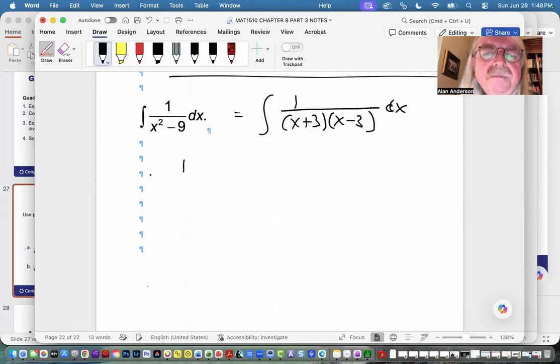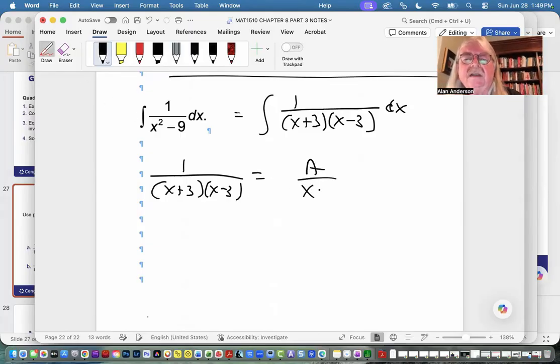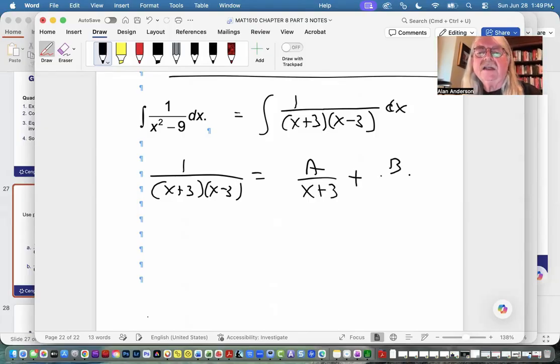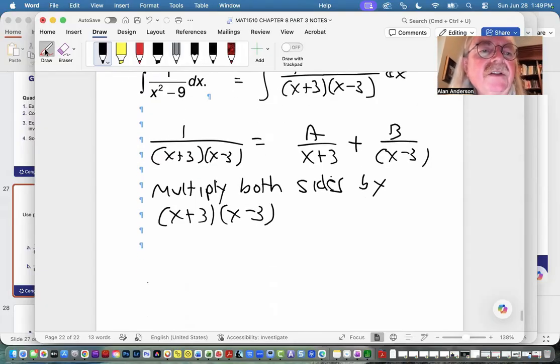So here, these are non-repeated linear factors. So you'll have A over x plus 3 plus B over x minus 3. Now you multiply both sides by the denominator on the left, which you're certainly allowed to do.